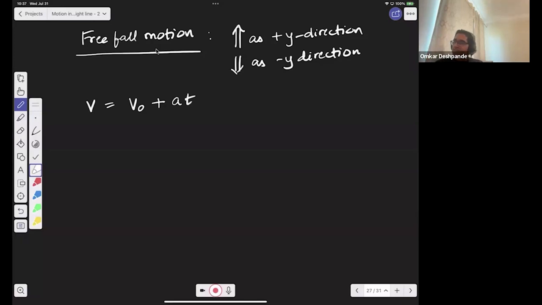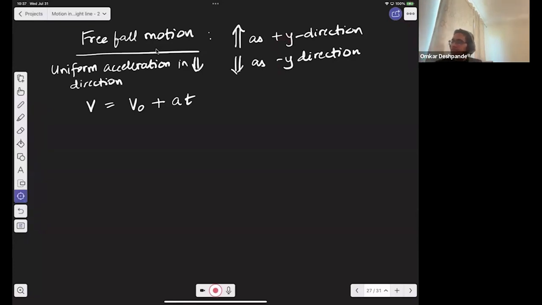Now we know that free fall motion is uniformly accelerated in the downward direction. So based on the sign convention we've adopted, we know that the acceleration is going to be negative. So we call that negative of some constant g. Okay, so a is minus g here.